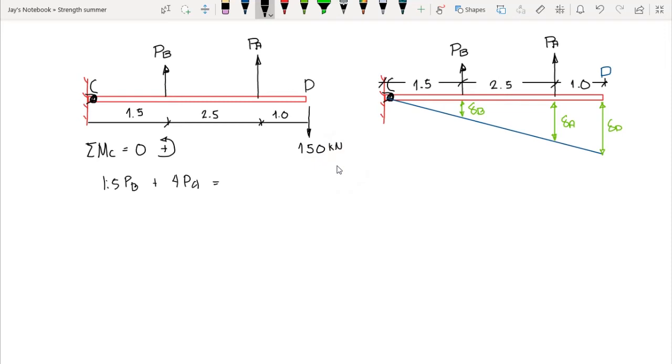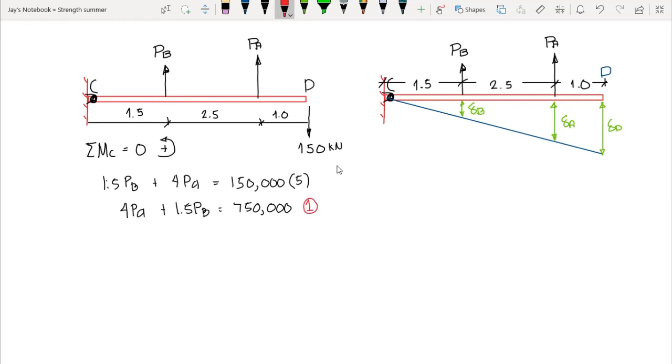So that's 150,000 times the moment arm from C, that is 5. Okay, so let's arrange it alphabetically. We have 4 PA plus 1.5 PB is equal to 750,000. So this is our equation number 1.